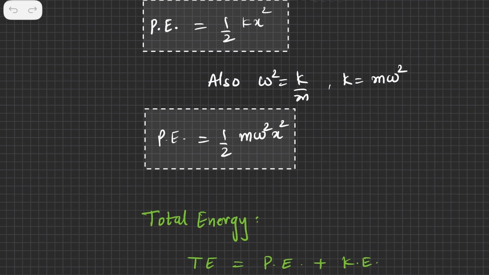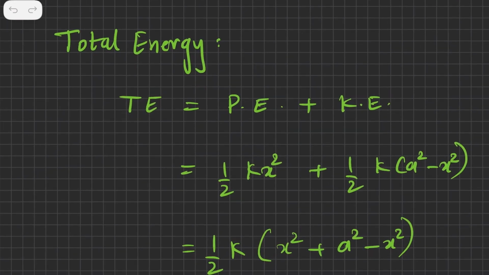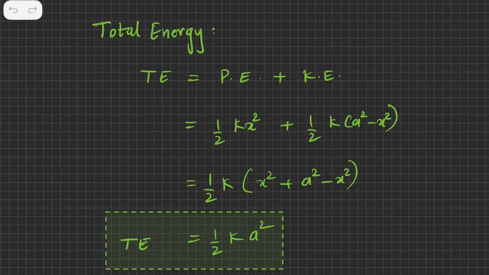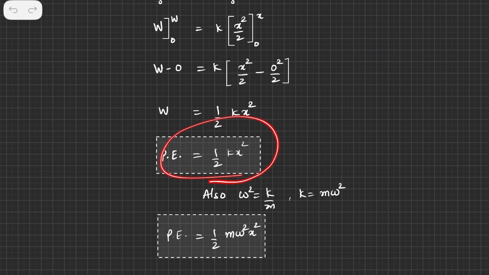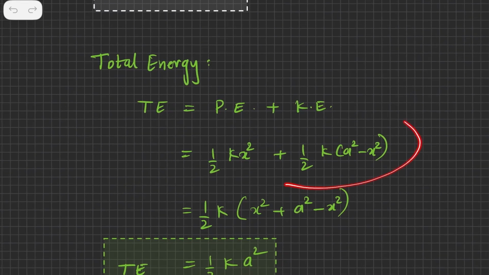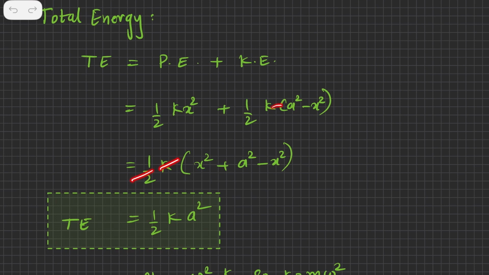Now if you have reached this point, the total energy is pretty simple. Total energy is just potential plus kinetic. So potential energy plus kinetic energy. Now potential energy is half kx square, and kinetic energy is half of k into a square minus x square. So half k is constant outside, and what remains is x square plus a square minus x square.